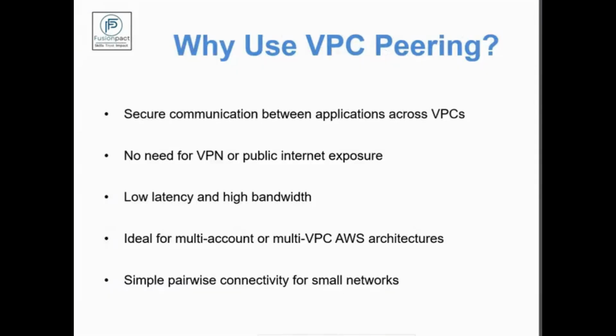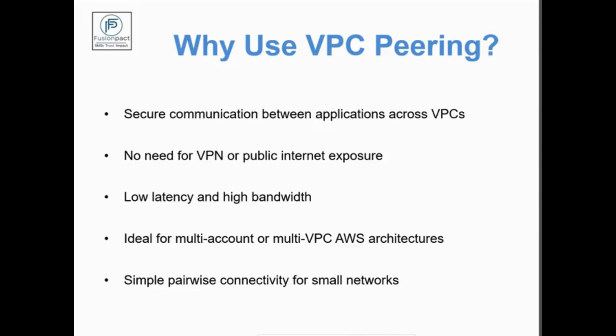There are a lot of methods to connect two servers, so why use VPC peering? The first advantage is that it creates secure communication, because the servers are not exposed publicly. We can connect them using private IPs. There is no need for a VPN or any public internet exposure.